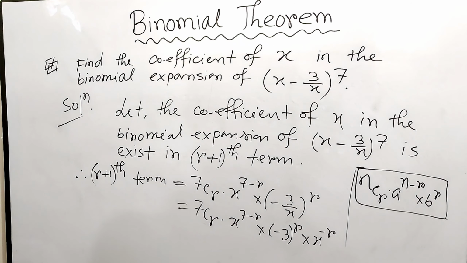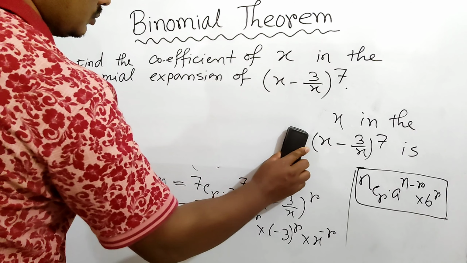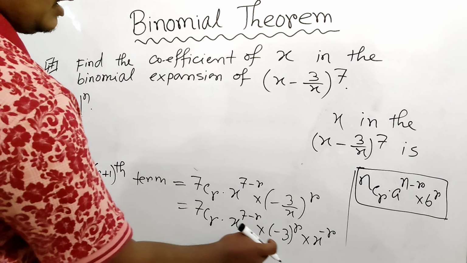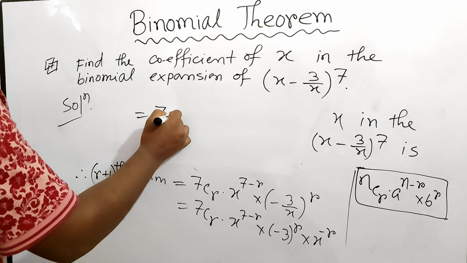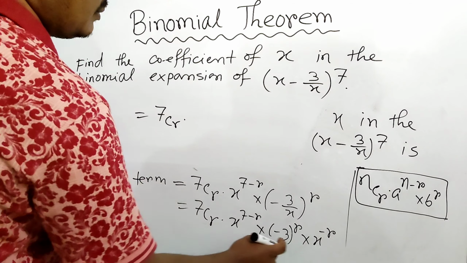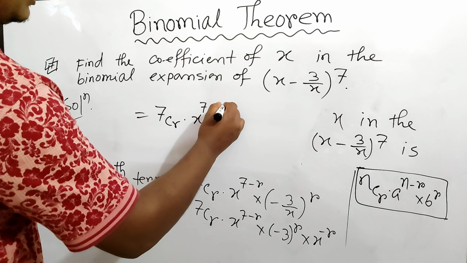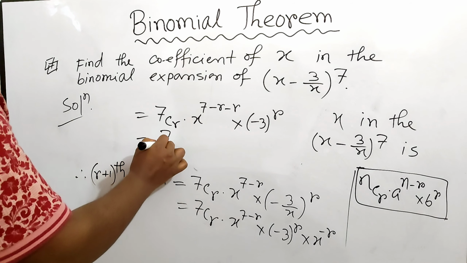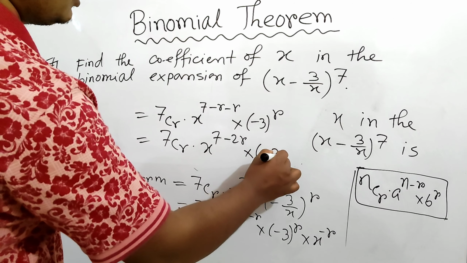Now by using the exponential rules, in multiplication the powers are added, so x to the power 7 minus r times x to the power minus r, and negative 3 to the power r remains the same, so 7Cr into x to the power 7 minus 2r multiplied by negative 3 to the power r.